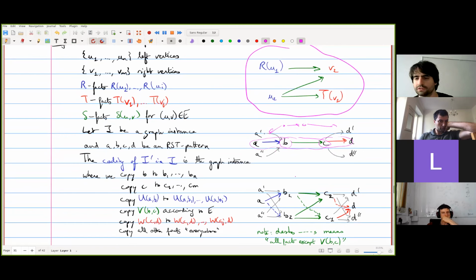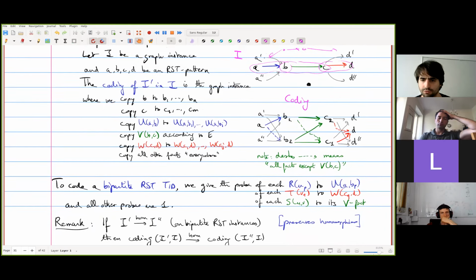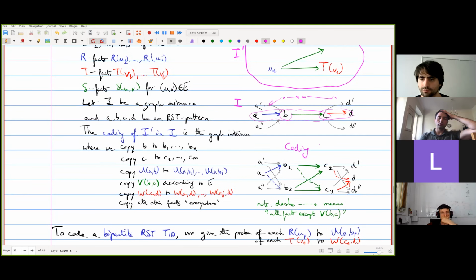So you see, this is some bipartite instance I prime. This is a graph instance I with a choice of 3 facts like this. And this is the coding of I prime in I. So let's take a moment to understand what this coding looks like.